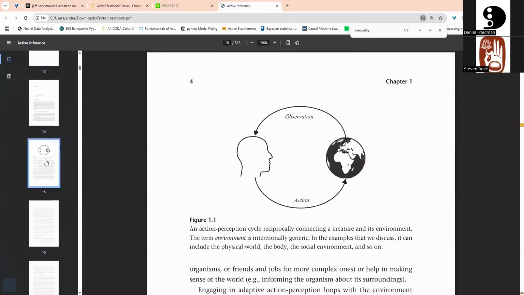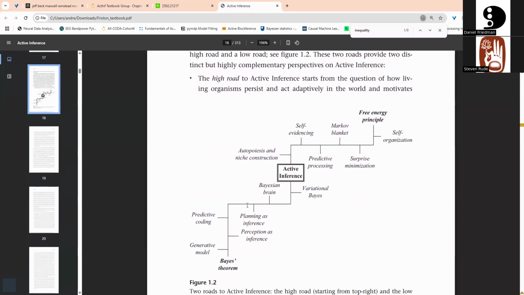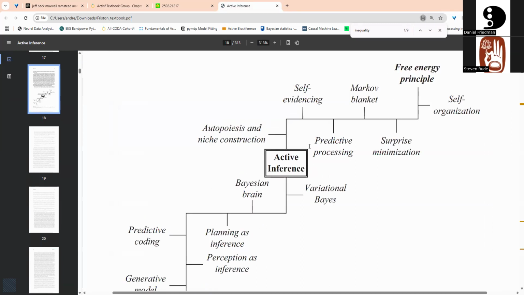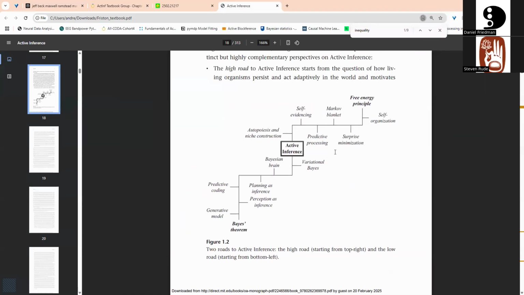So we started in chapter 2 with Bayesian mechanics, took that route, and chapter 3 will be about starting with the high road, starting from the free energy principle, starting with notions of self-organization, surprise minimization, seeing much more detail on Markov blankets, the idea of self-evidencing, including that trick about the sensory attenuation I mentioned earlier, predictive processing. So we'll reach there, and then in chapter 4, we'll start to bring it back together.